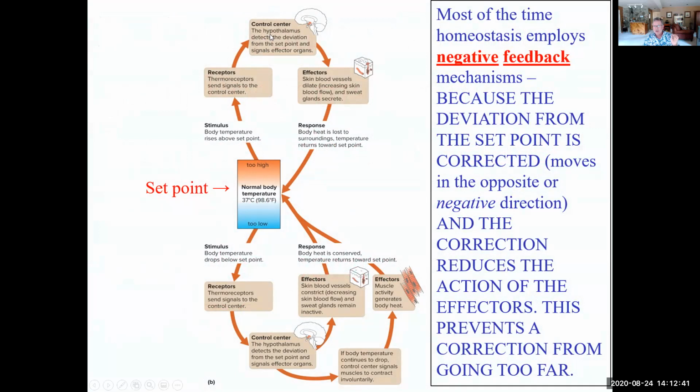They send nerve impulses to the control center, which happens to be a part of the brain called the hypothalamus, which compares it to the 37 degrees Celsius body temperature, because that's normal. That's where we want to be. And it, in turn, will stimulate our friends, the effectors, including the sweat glands like we talked about earlier.